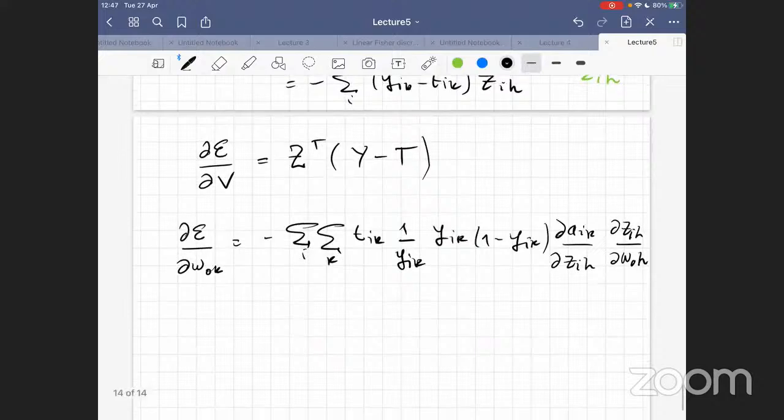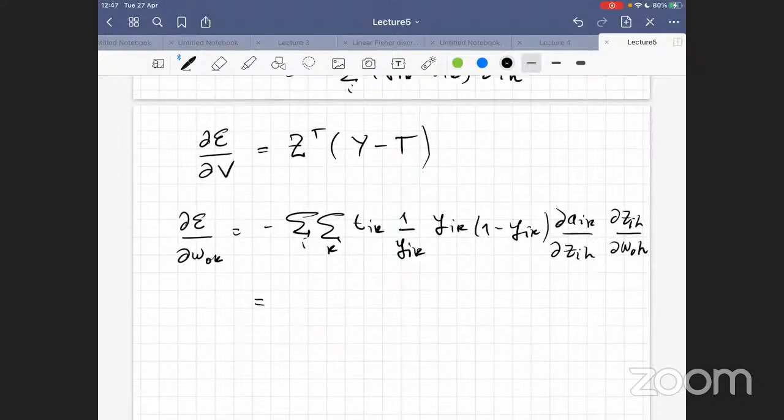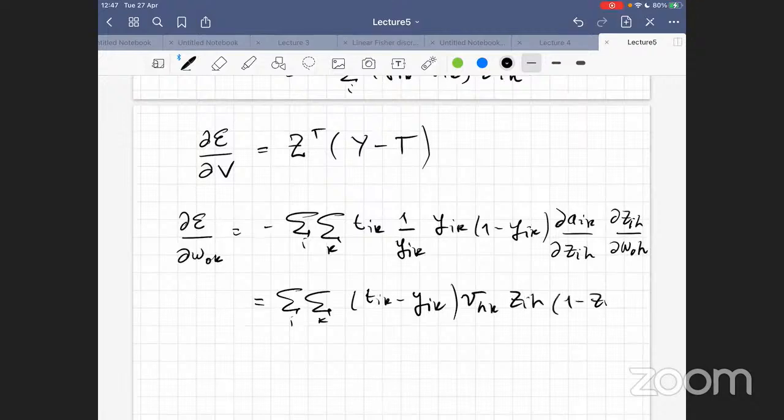And while doing this, it can be written, just jumping one intermediate step here, as y_ik, v_hk, z_ih, 1 minus z_ih.